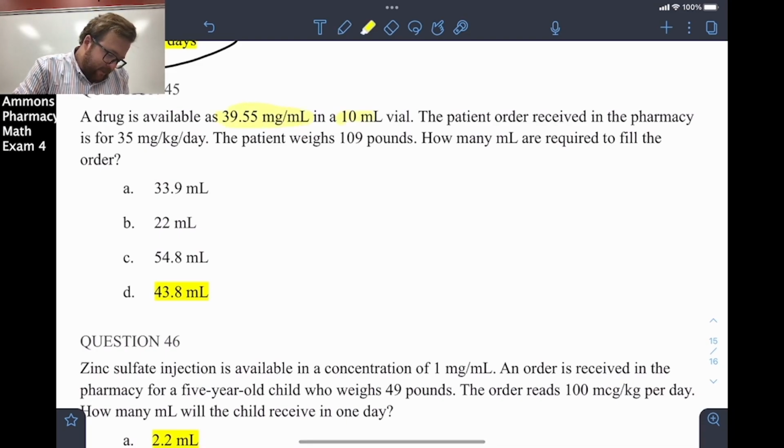39.5 milligrams per mil, 10 mil vial, 35 milligrams per kilogram per day.